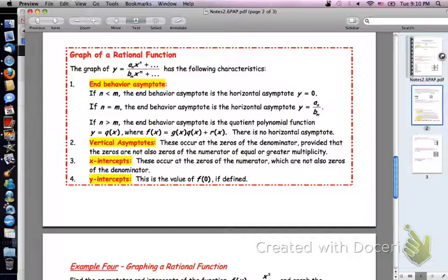Well, let's take a function r(x) equal to x squared over x squared. Where would we have a 0 in the denominator? We would have a 0 in the denominator where x equals 0. But at that same spot we have a 0 in the numerator.